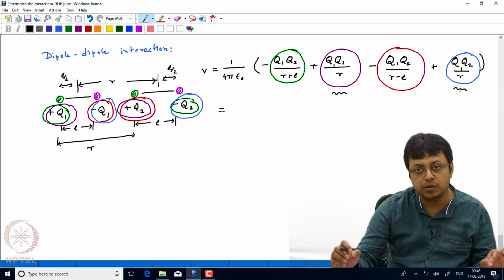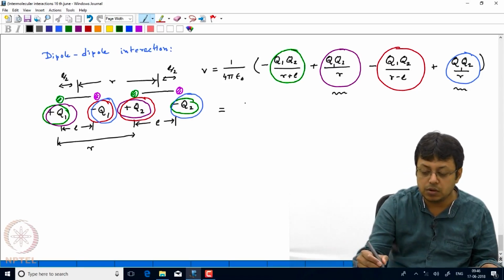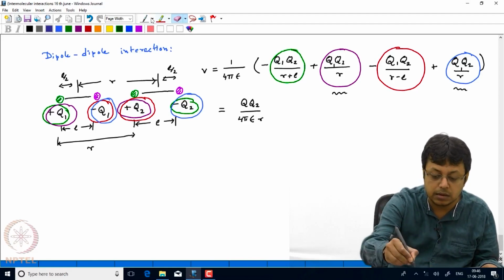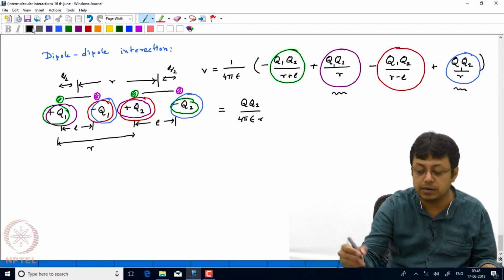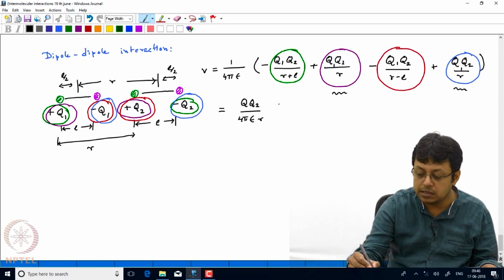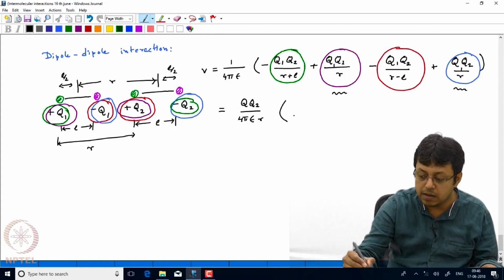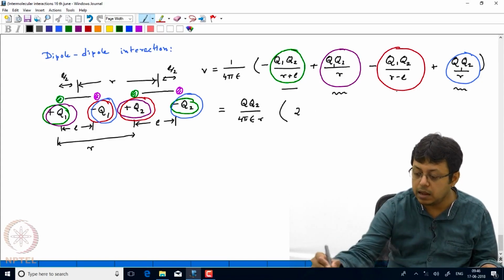This is between the like ends of the dipole, like plus Q1 interacting with plus Q2 and minus Q1 interacting with minus Q2. So if I take Q1 Q2 by 4 pi epsilon R common, let us write epsilon here, because we are considering a general medium of permittivity epsilon, these two terms will give me a factor of 2. So we will have 2 here, and then let us work out on this term and this term.